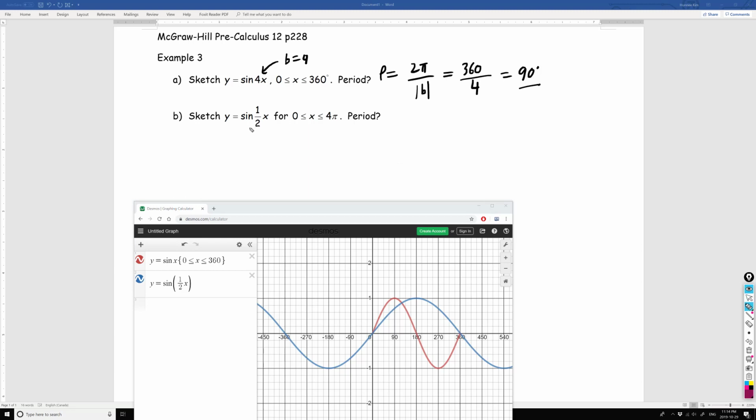Let's change the color. The b value here is b equals 1/2. We memorize the formula that the period is equal to 2 pi divided by b, which is 1/2, which is simply 2 pi times the reciprocal, which is equal to 4 pi.